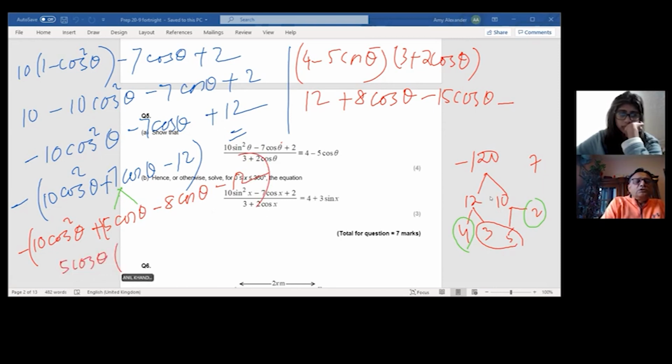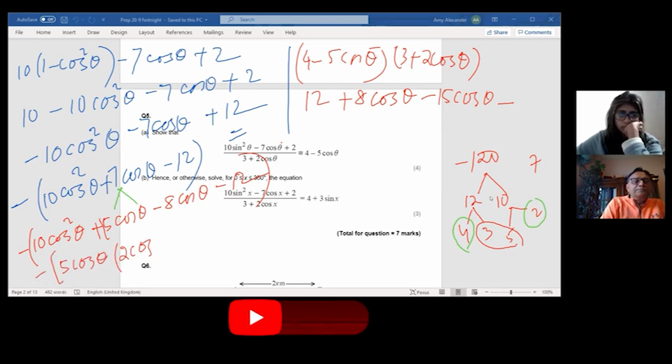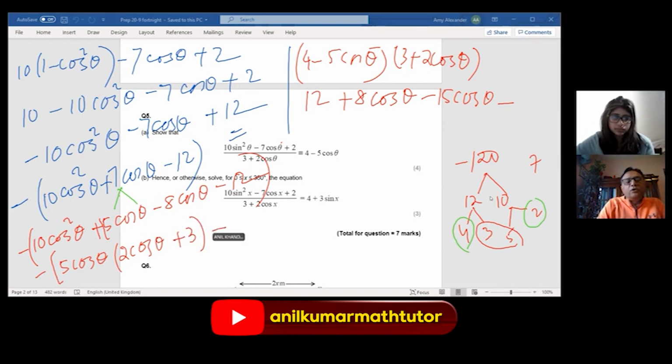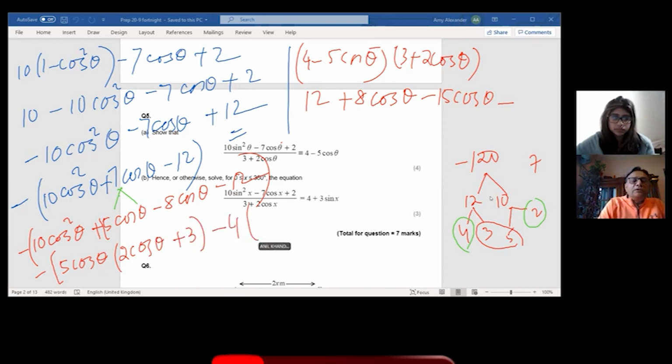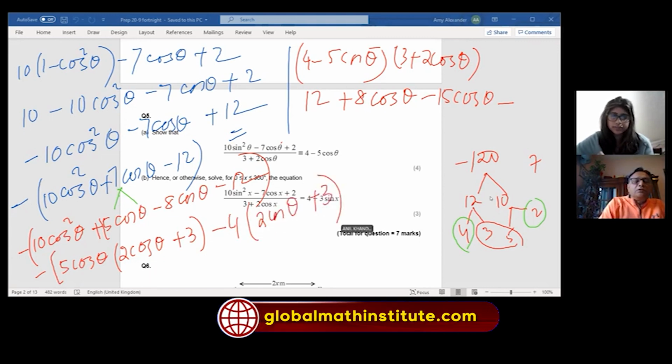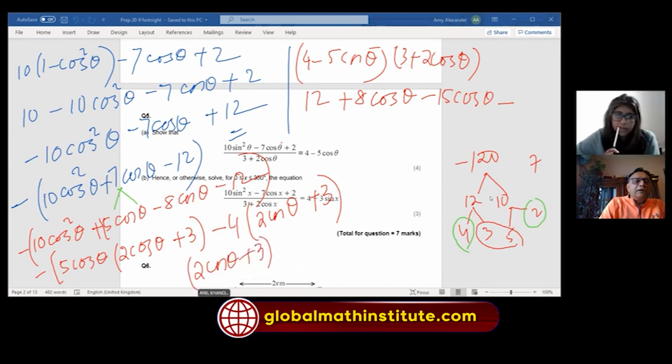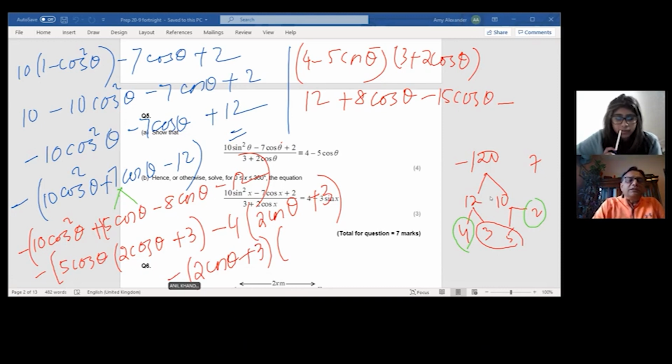So we get 2 cos²θ... 5 times 2 is 10, and 5 times 3 is 15. On this side, we can take 4 common, so we get 2 cos θ + 3, correct? Now 2 cos θ + 3 is common, outside is minus, and then we get 5 cos θ − 4. That's the other bracket.